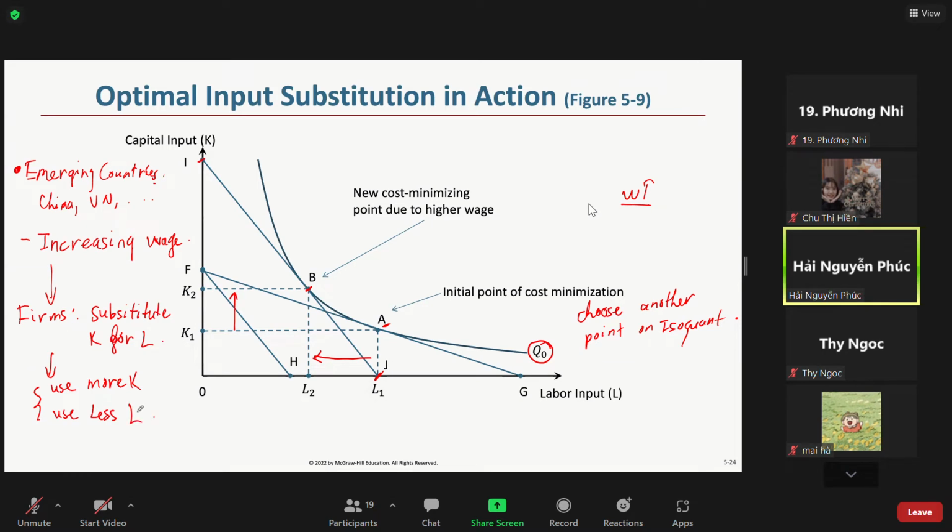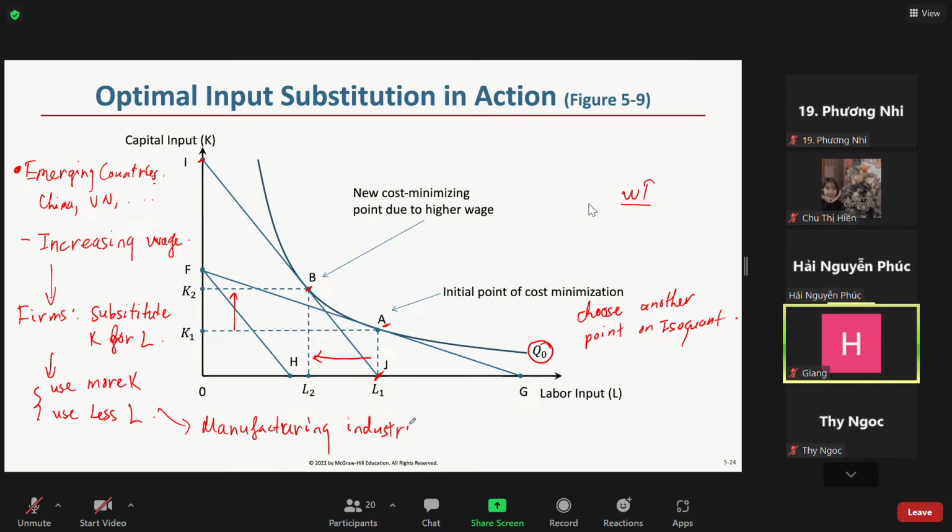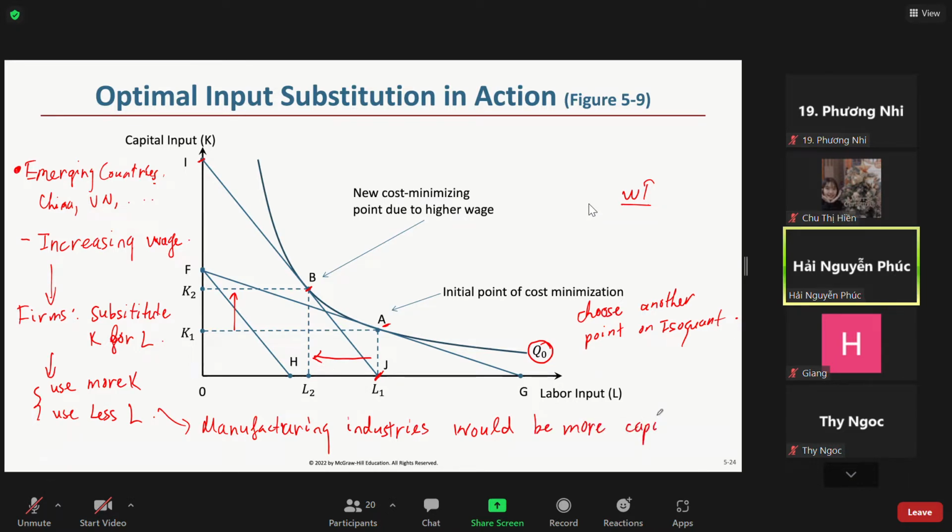So the manufacturing industries in these countries would be more capital intensive.